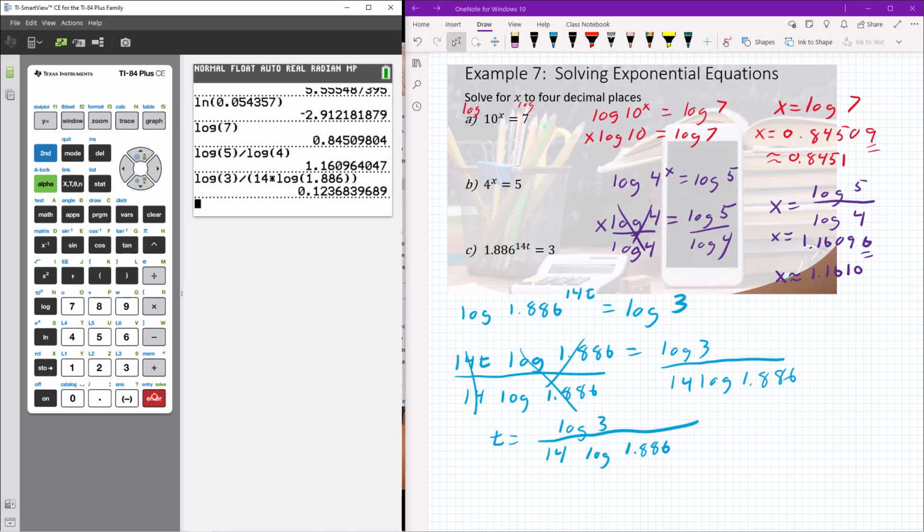We get 0.12368. Fifth decimal place is an 8, so this will round to 0.1237. Okay, that's how that one goes.